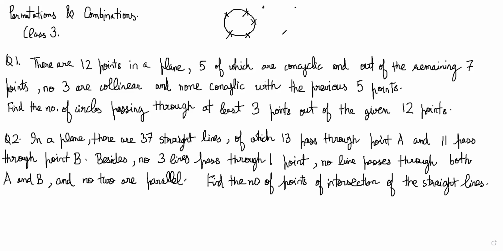Seven remaining points are there, but no three of them are on the same line, and none are concyclic with the previous 5 points. So they are also not lying on the previous 5 point circle. You have to find the total number of circles passing through at least three out of the given 12 points.